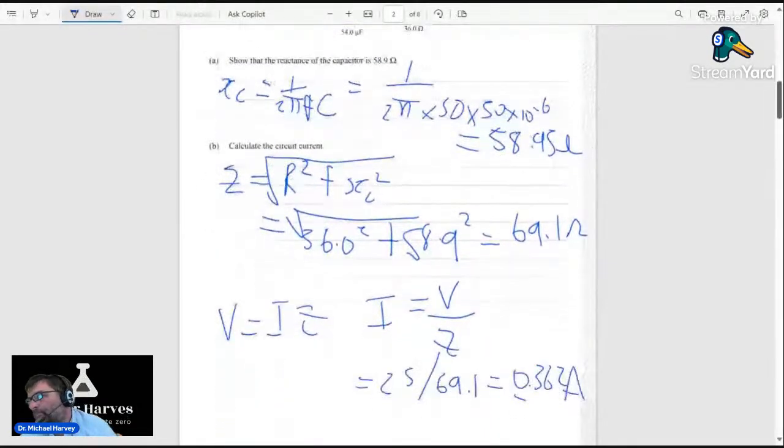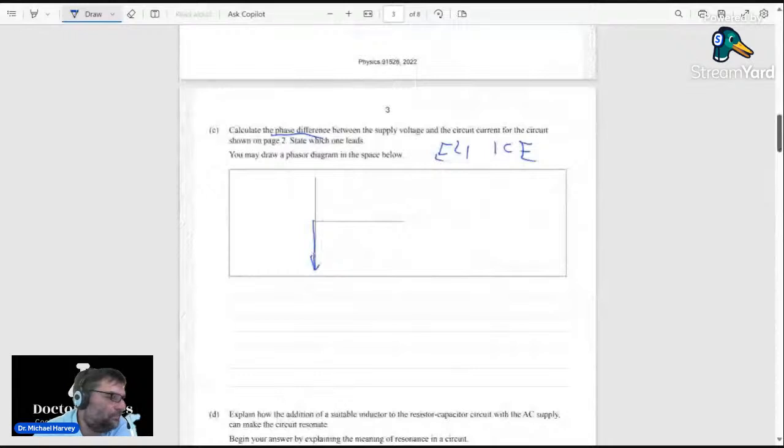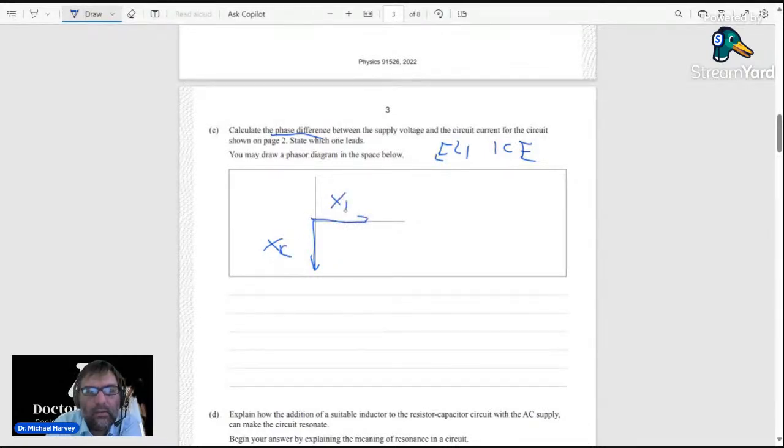There's no inductor. So we're all good. That's our XC. That's our R really. There's no XR because it's just a resistor.